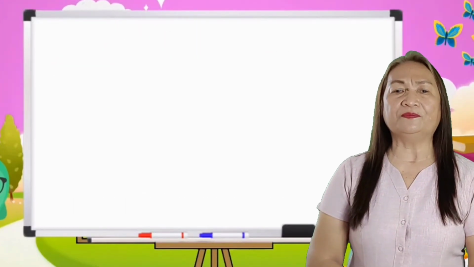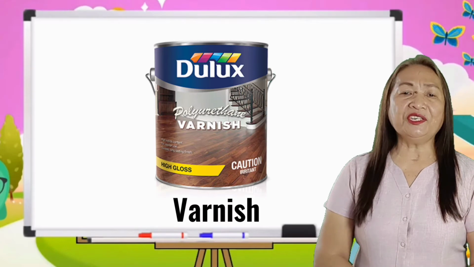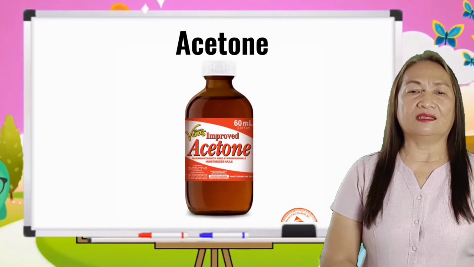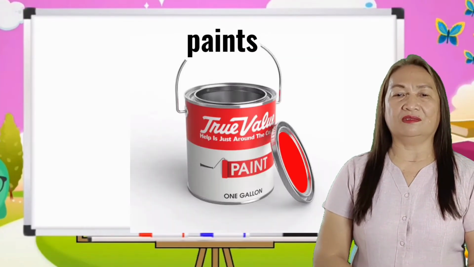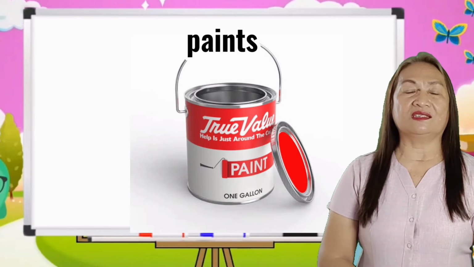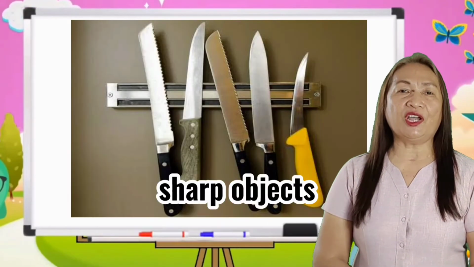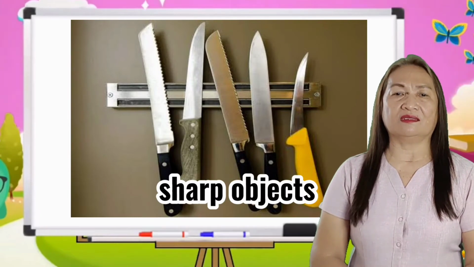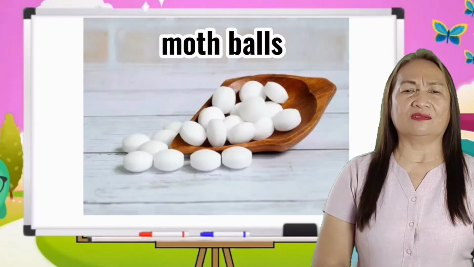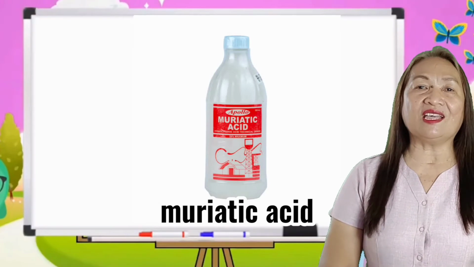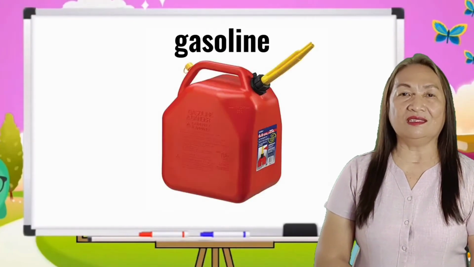Examples are varnish, acetone, paints, insecticides, sharp objects, mothballs, muriatic acid, and gasoline.